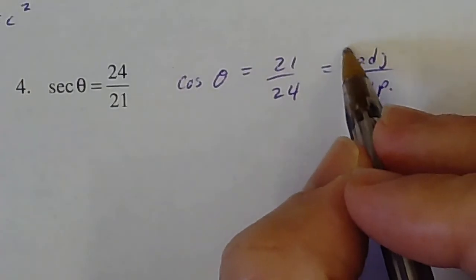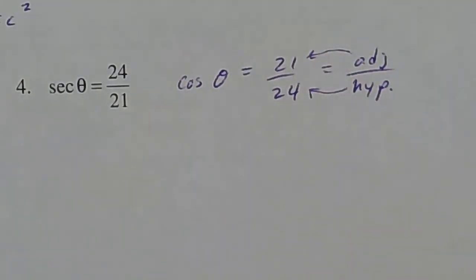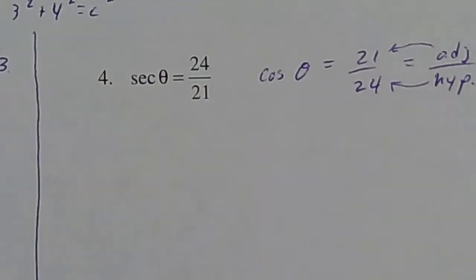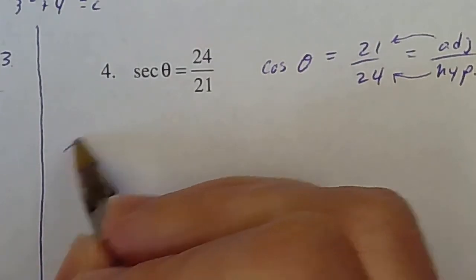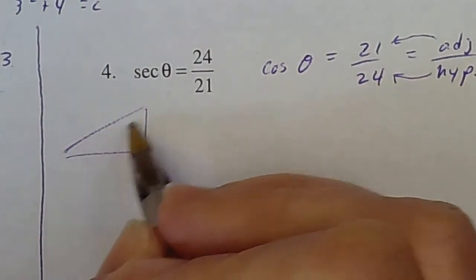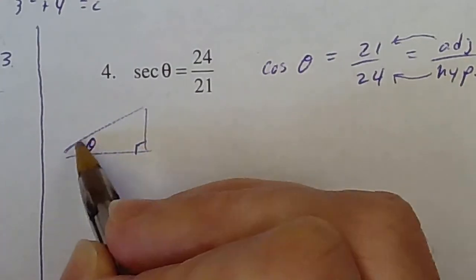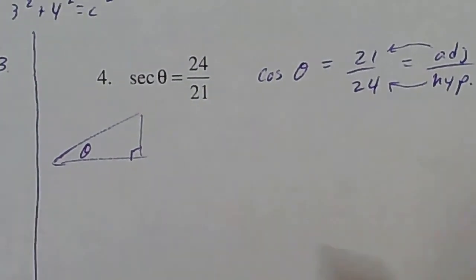So now I have a value for the adjacent side and a value for the hypotenuse. Let's set up our triangle and then find the unknown, and then we can figure out the rest. All right, so I'm going to squeeze in the triangle right here. Like I said, it doesn't matter which angle you want to call theta. I'll drop it down here this time just to mix it up. And what's the adjacent side to that?